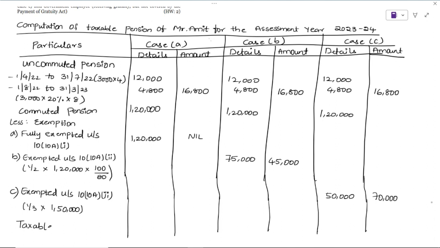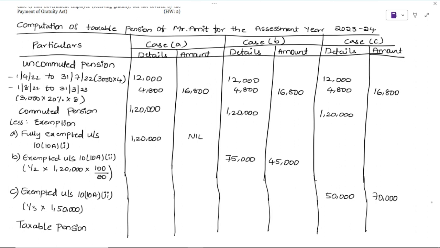Last portion, taxable pension. Now, for a government employee commuted is fully exempt, so only monthly is taxable. So taxable pension is 16,800.